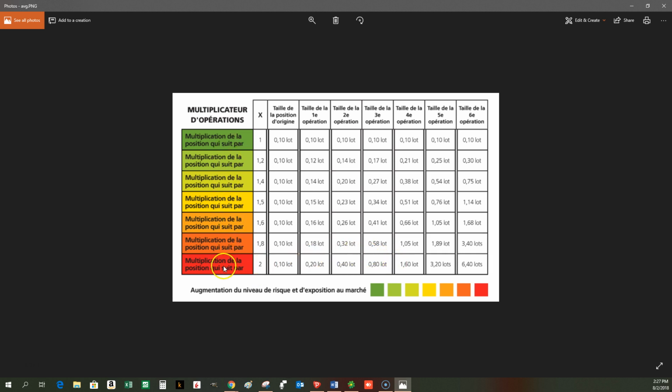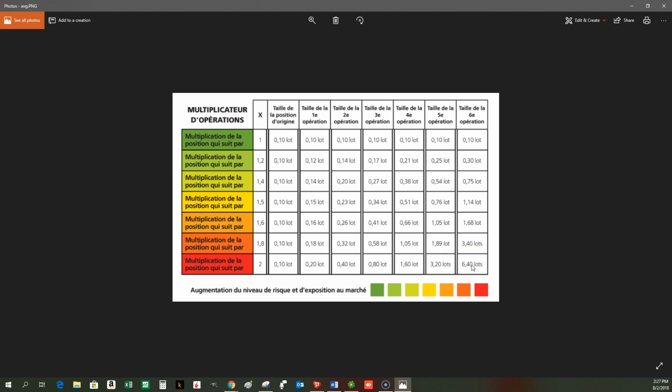As you can see from the colors, it's very dangerous, and you need to have a lot of money, because as you can see, you start with 0.10 lots, and after 6 positions open, you're already with 6.40 lots.